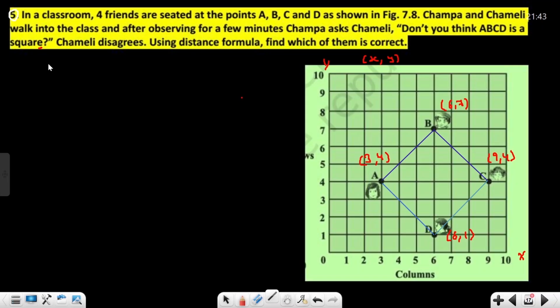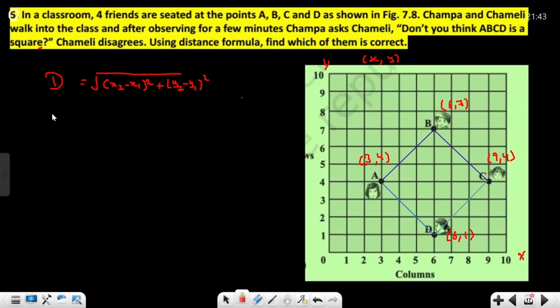So what is the distance formula? The distance formula is the square root of (x2 minus x1) squared plus (y2 minus y1) squared.